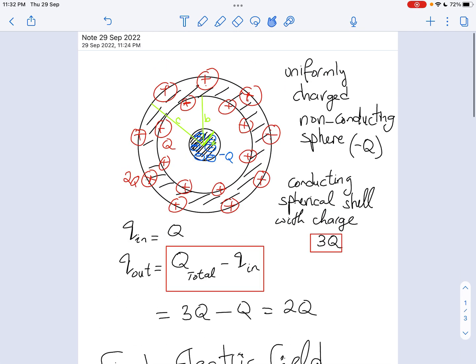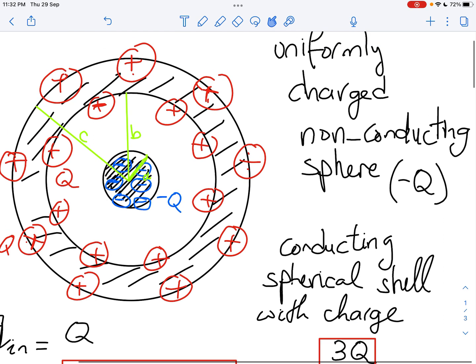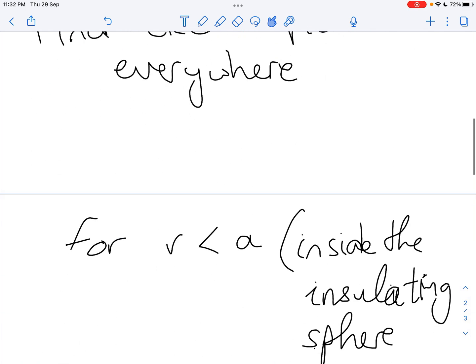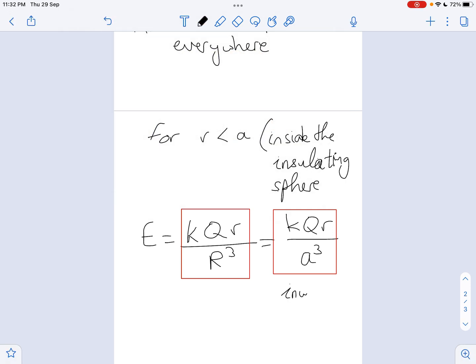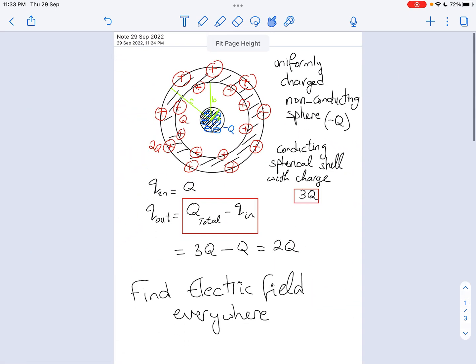By the way, this electric field inside the sphere is going to be directed inwards because the charge is negative. Now, second case, for r between A and B, means in the gap between the sphere and the spherical shell.